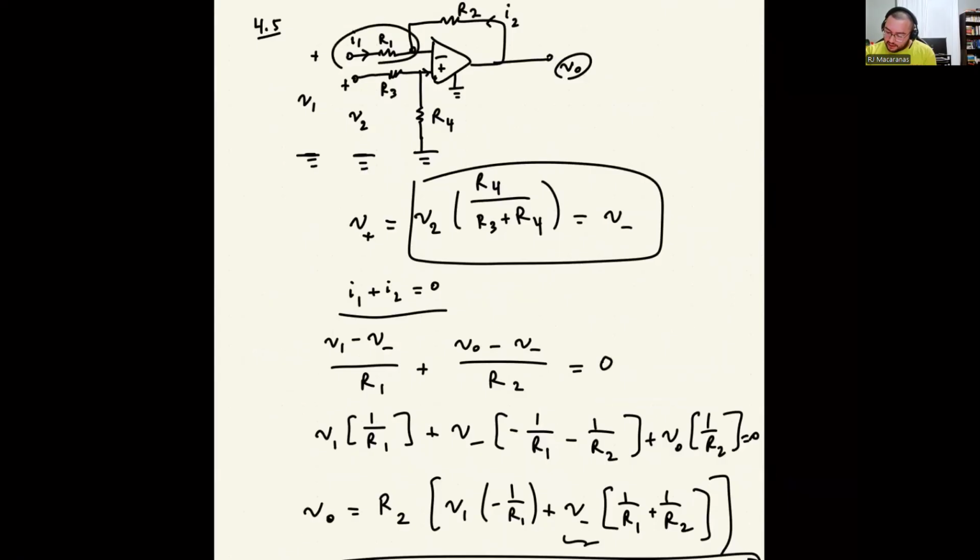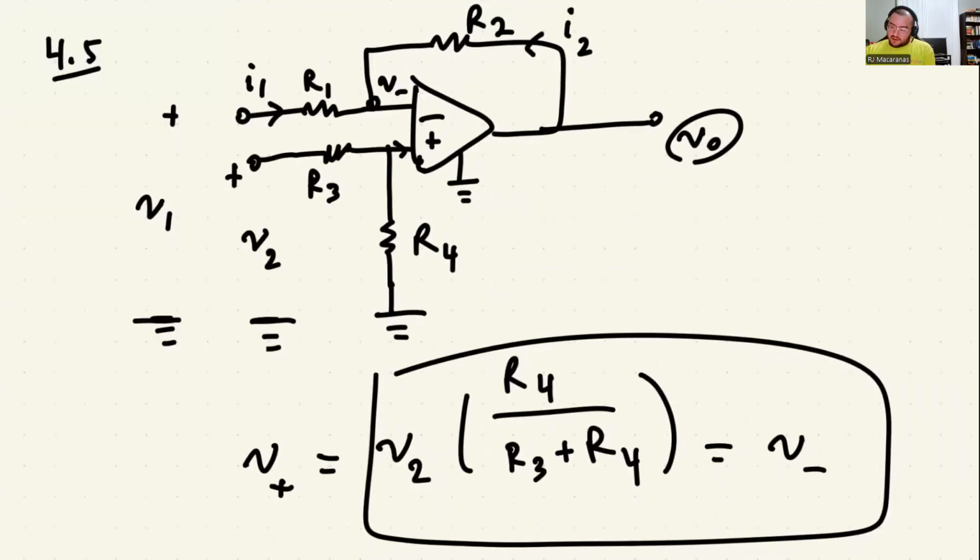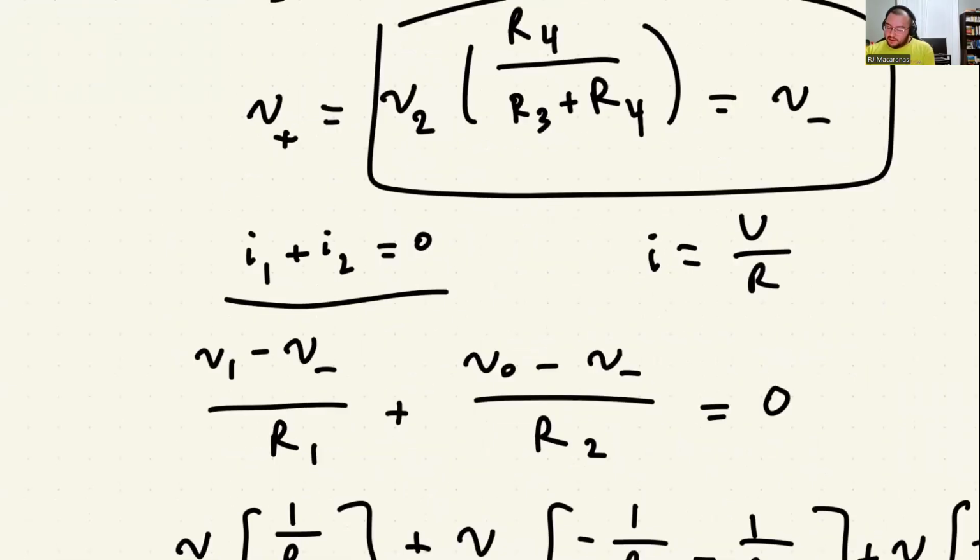I've got I1 here, right? And so current is in general voltage over resistance. The voltage is going to be V1 minus V minus, right? Because I've got V minus here. And since current's always going from the higher potential to the lower potential, I've got the difference V1 minus V minus.